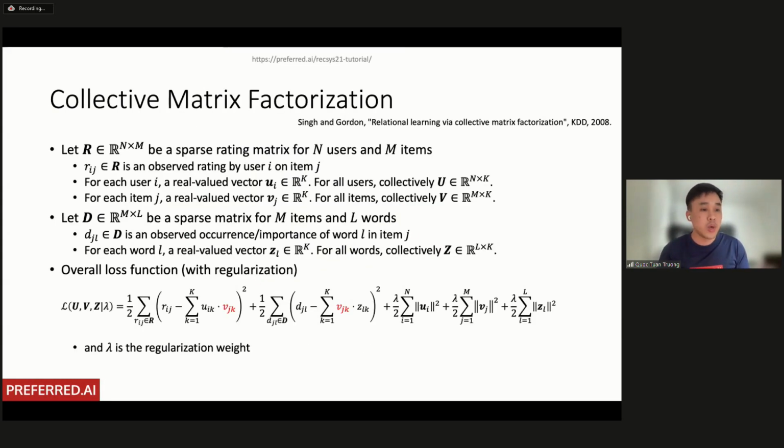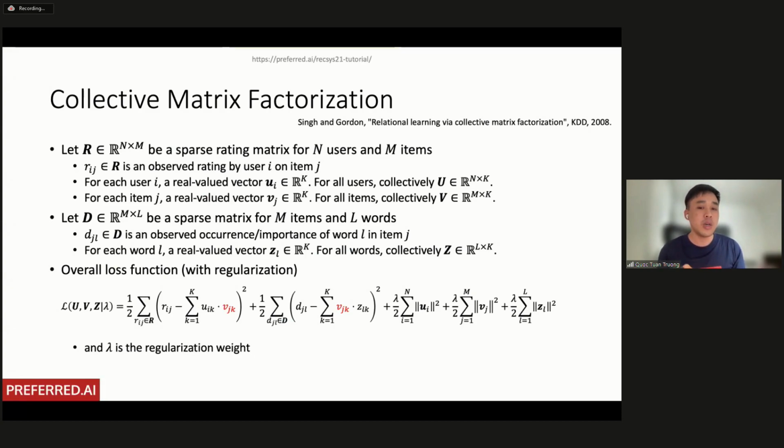The other model we want to introduce to you is called collective matrix factorization, or CMF as an acronym. In addition to the rating matrix, which is the matrix R of N users and M items, that is the preference modality. We also have the matrix D, which is a sparse matrix of items and words.